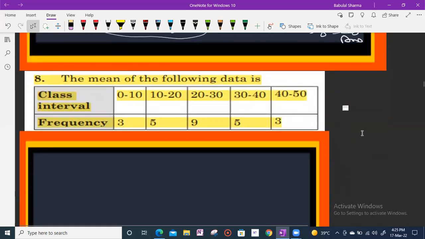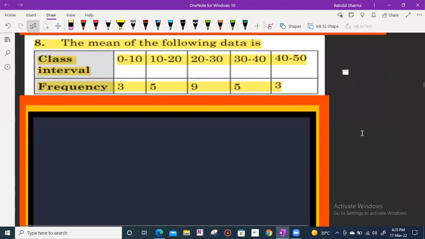The same question is here. Question number 8 says, what is the mean of the following data?